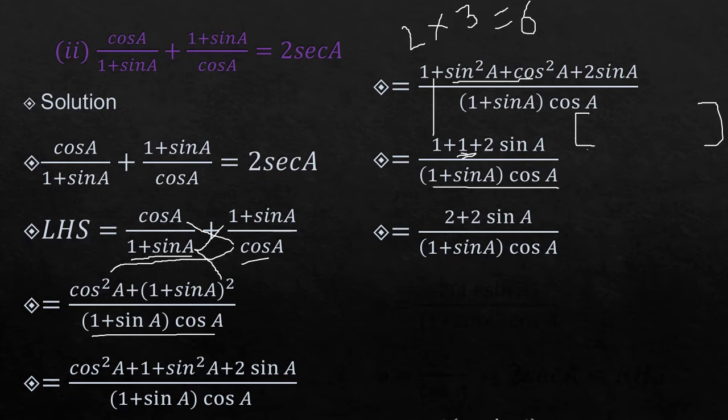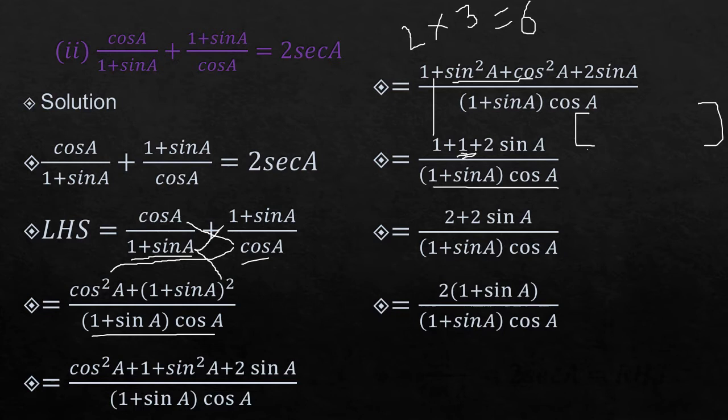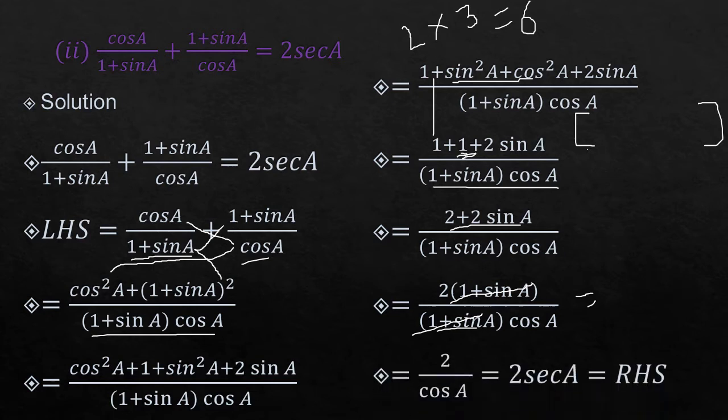In the next step, take 2 common, you get 2 into 1 plus sin A upon 1 plus sin A into cos A. 1 plus sin A is cancelled with 1 plus sin A. So you get 2 upon cos A, and 2 upon cos A is equal to 2 secant A. You say, sir, how? 2 upon cos A means 2 into 1 upon cos A, and 1 upon cos A is secant A. So this is RHS.